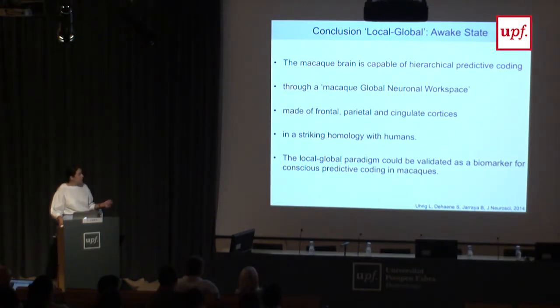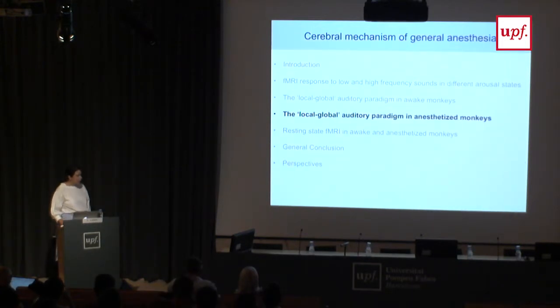And this was reading with a striatal homologue with the humans in the brain. So this local-global paradigm that I described to you in detail could be used as at least a marker for conscious perception and predictive coding in the macaque brain. So that's for the wake state.